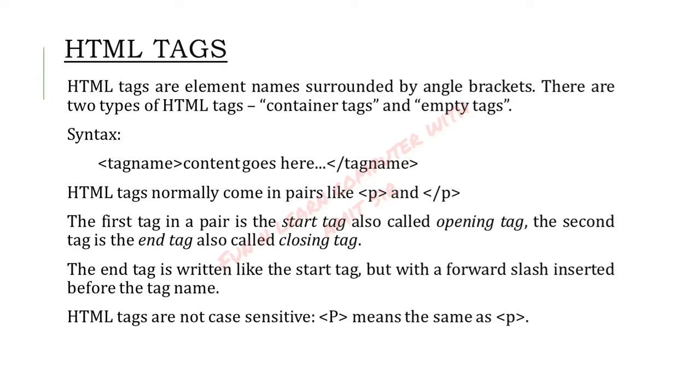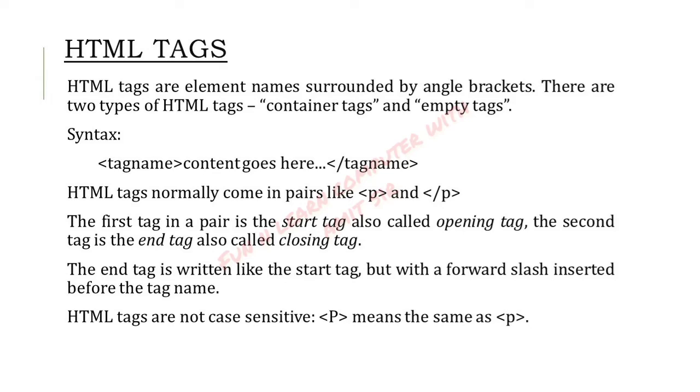It starts with a tag name within an angular bracket, then content goes here. Whatever is the content, we will write it here, and after that within the angular bracket again the tag name, but before the tag name we have to give a forward slash.